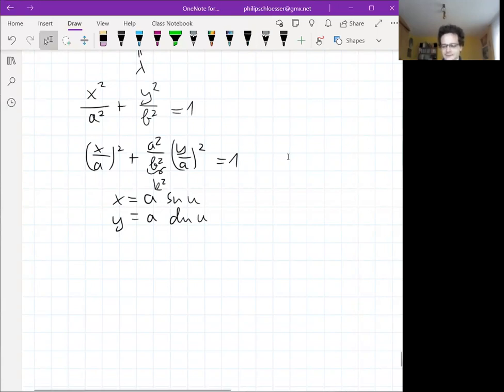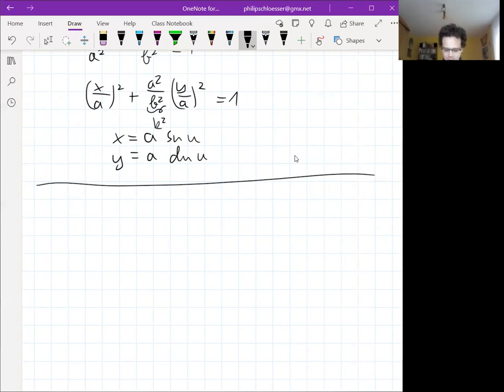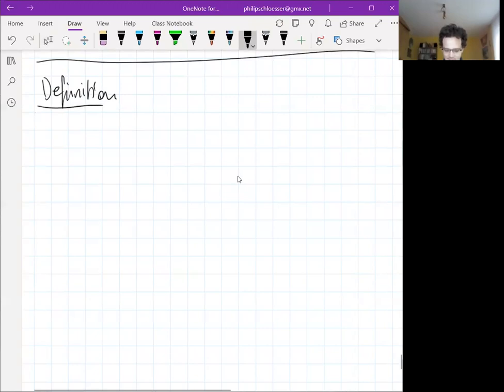And yeah, also they came first because they appear as the inverse function of those elliptic integrals, which brings us naturally to the third part of this talk, namely, what the heck are elliptic integrals?